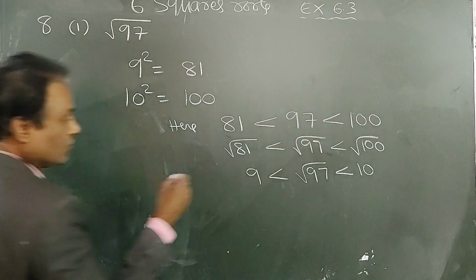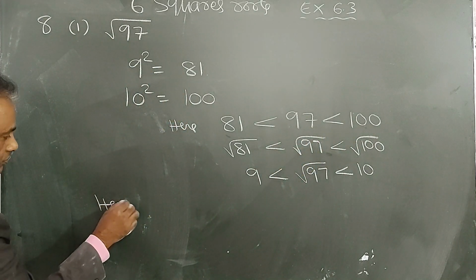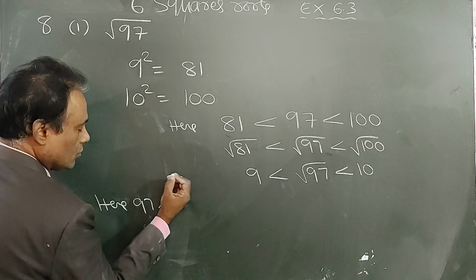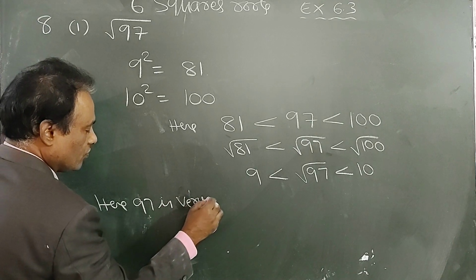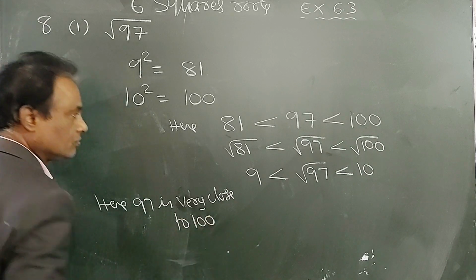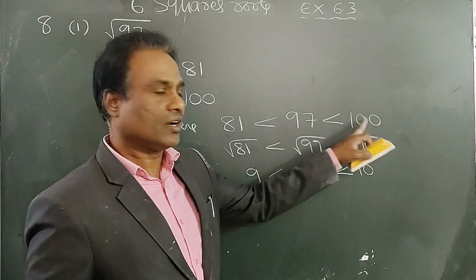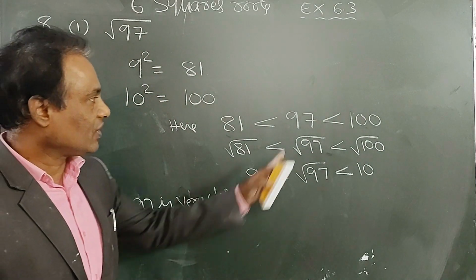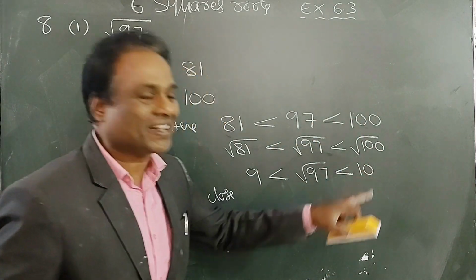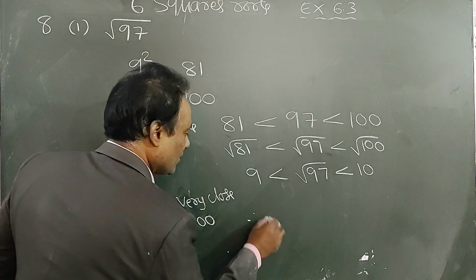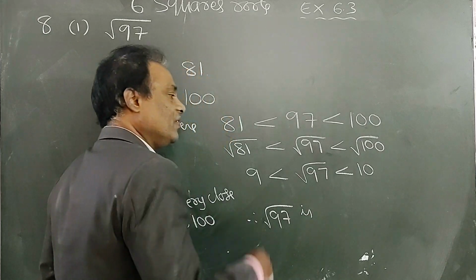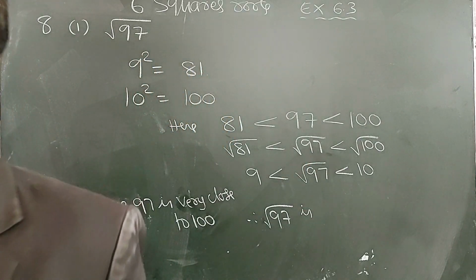Here only 3 difference. So 97 is very close to 100, not near to 81. Near to 100 means if you find the square root also, it will be near to 10. So therefore root 97 is very close to 10. That is the answer.